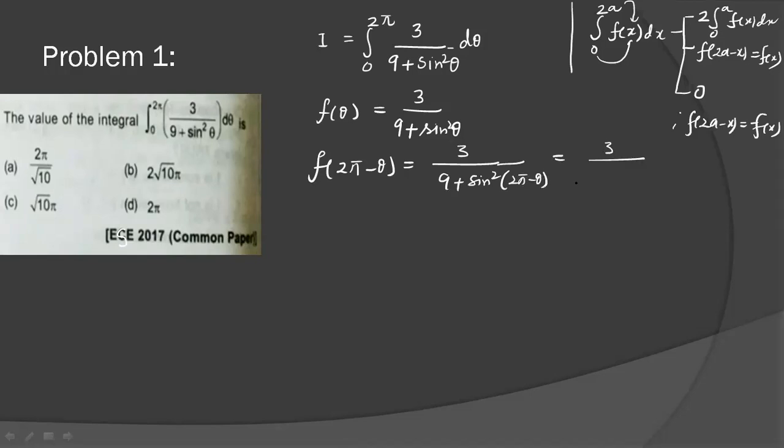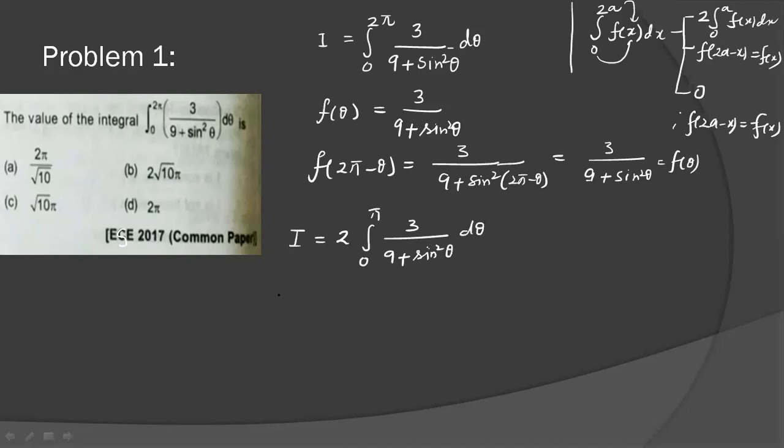We know that sine of 360 minus theta is minus sine theta, but due to the square sign, it is again 9 plus sine square theta, means equal to f of theta. So we can write this integral as 2 times the integral from 0 to pi of 3 over 9 plus sine square theta d theta.